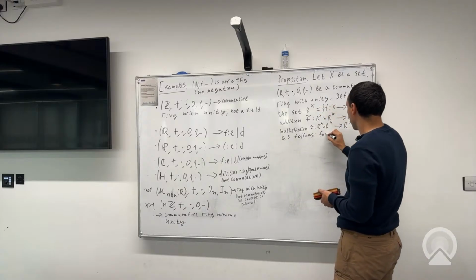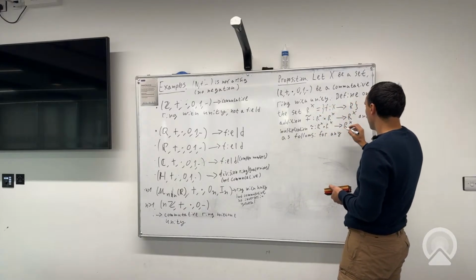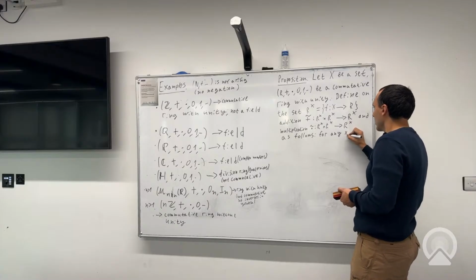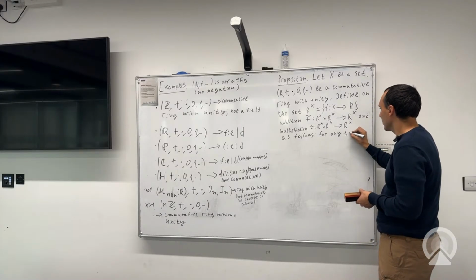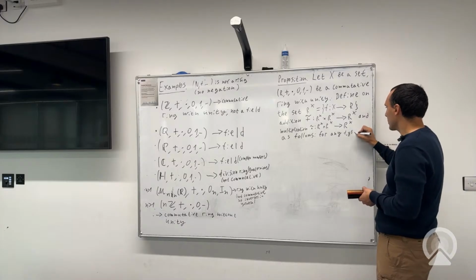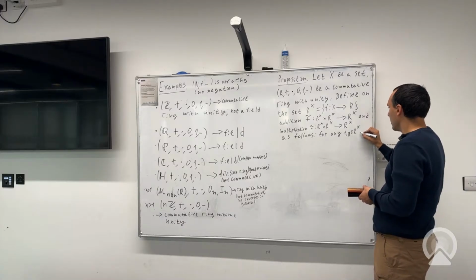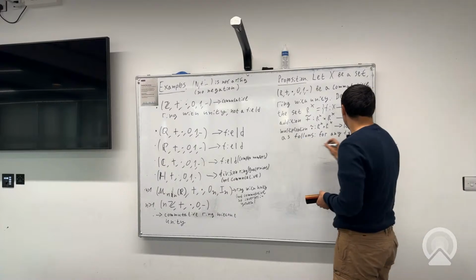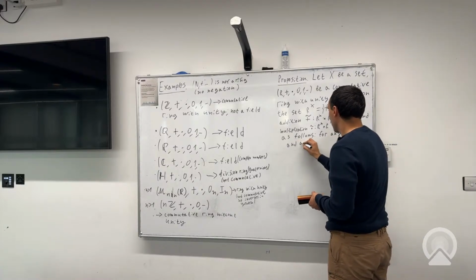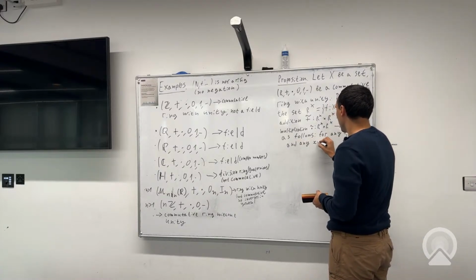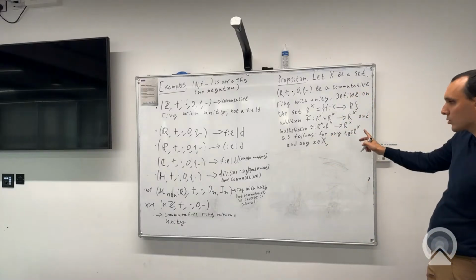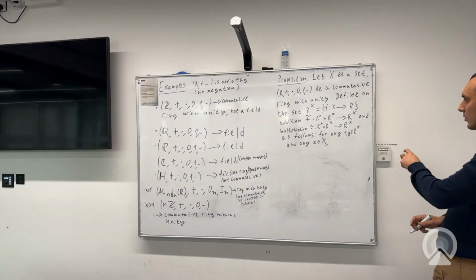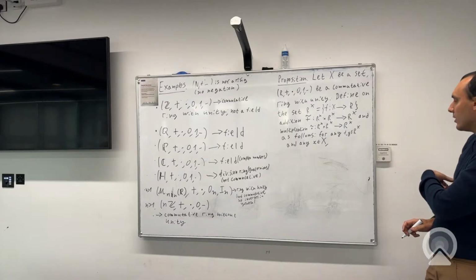For any functions f, g in R^X, and any x in X, we take two functions and we have to multiply and add them.